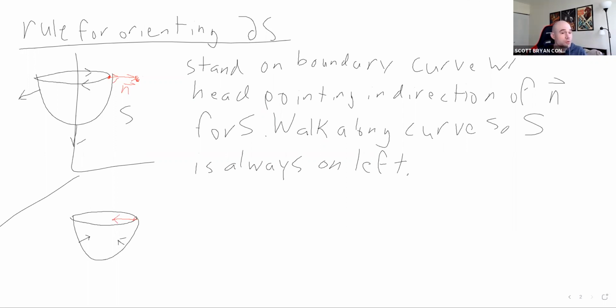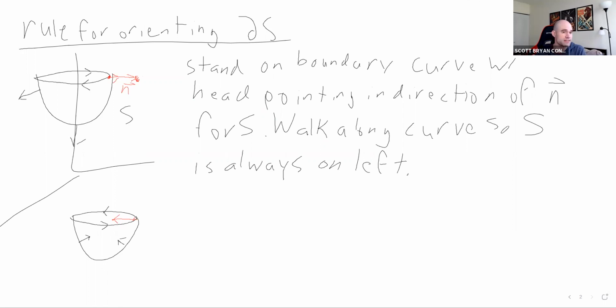So if we wanted to walk along there with the surface always on our left, we would want to go in the opposite direction. So it depends on the orientation of your surface.